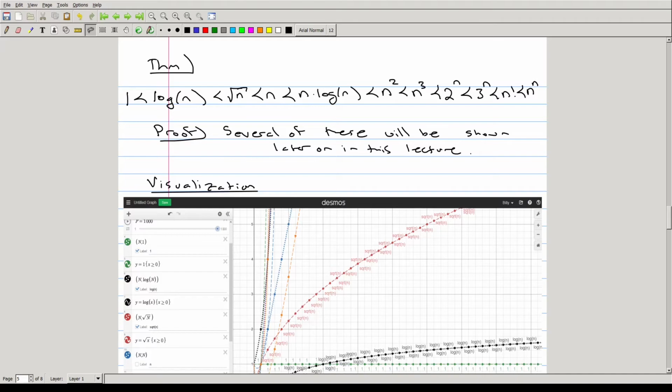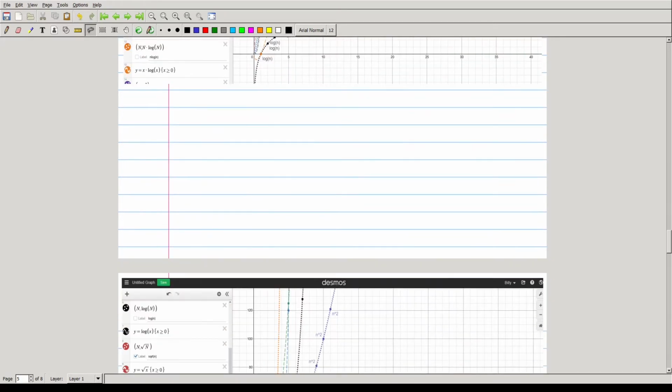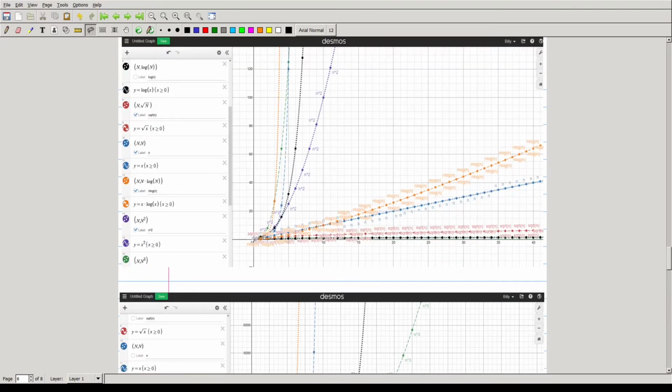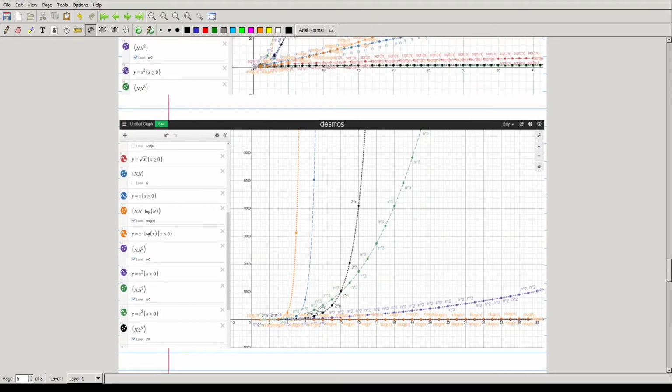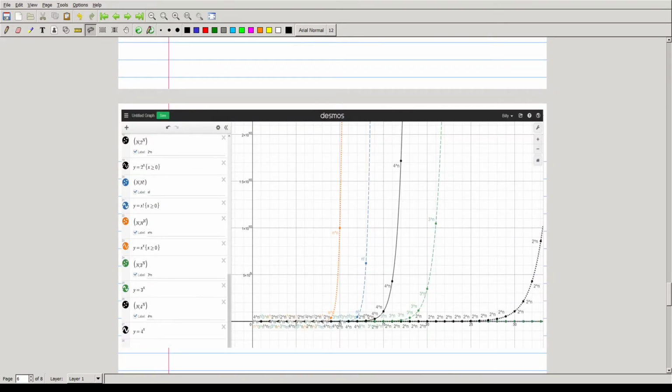So let's try to show some of these strict domination relationships. We're going to start with the very end, for the largest functions here, n factorial and n raised to the power n, because these are relatively straightforward to show definitively.